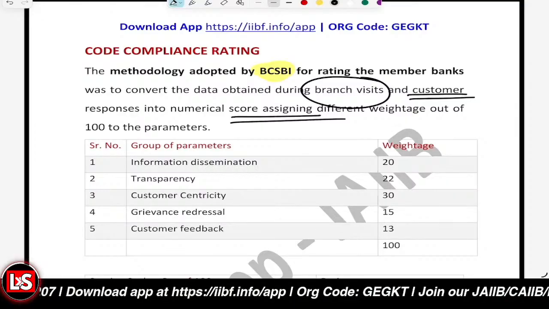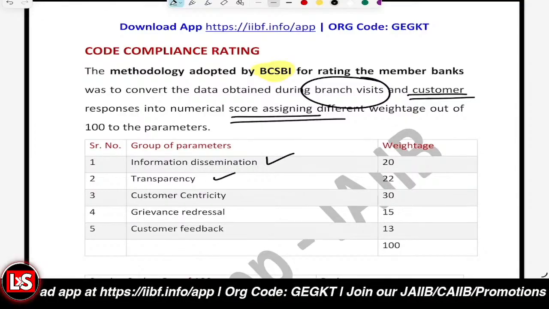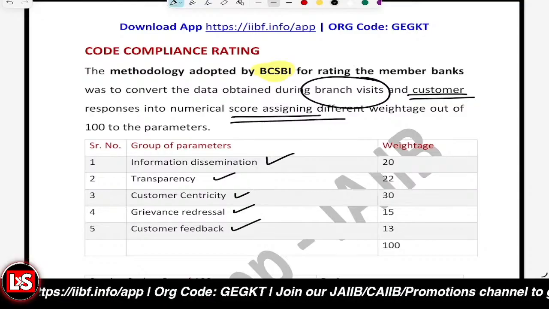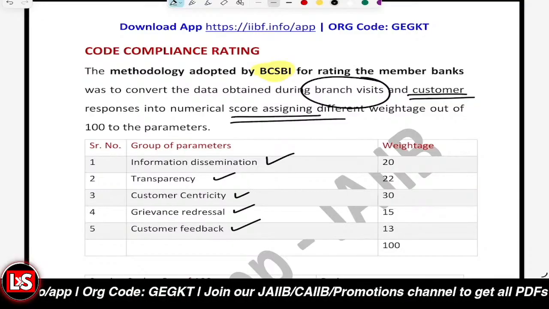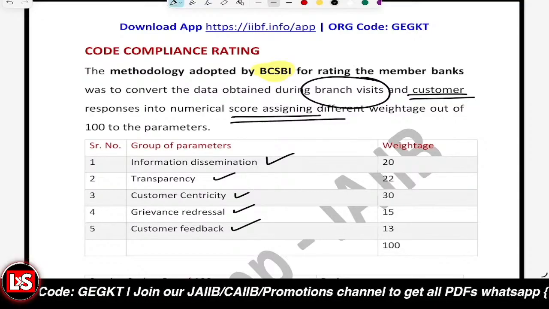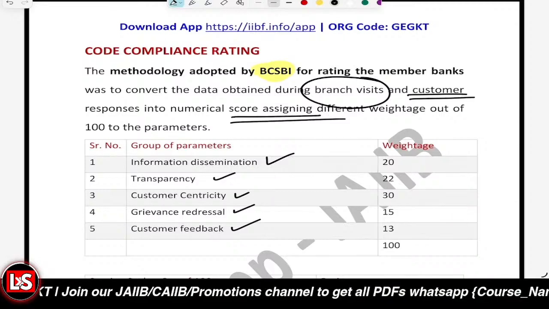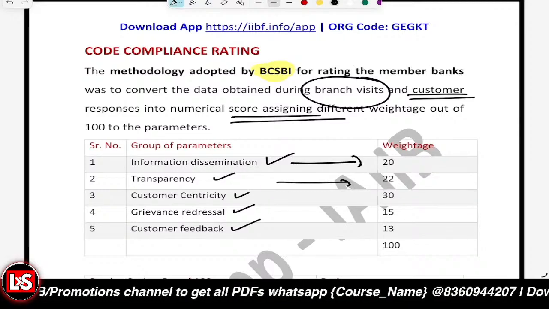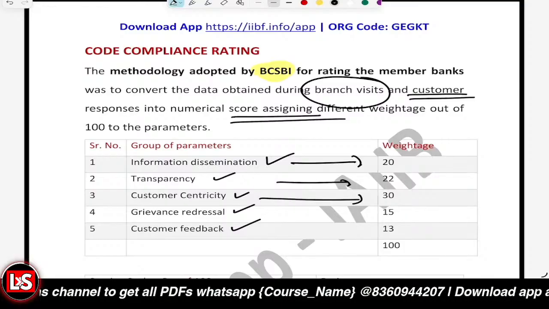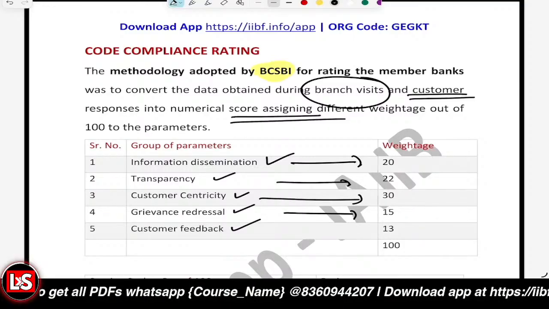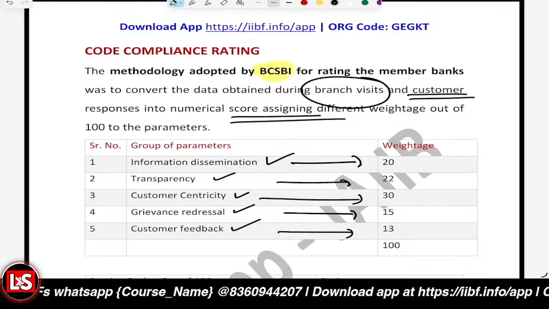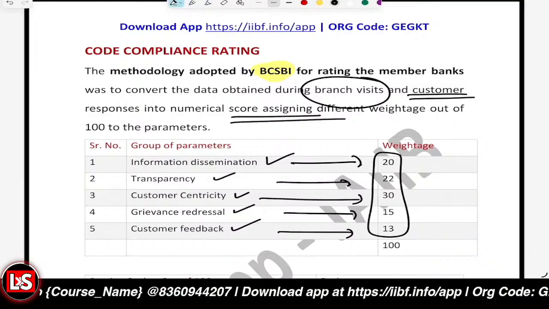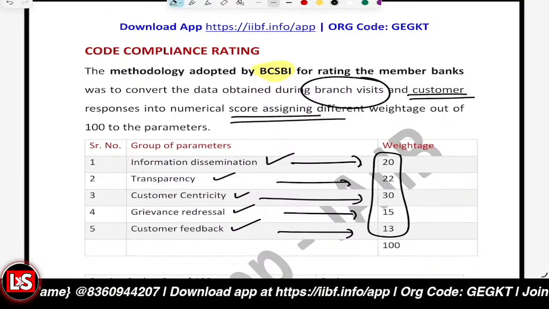There is weightage to each parameter, and further you'll be rated out of it. Information dissemination is given the weightage of 20, transparency 22, customer centricity 30, grievance addressal 15, and customer feedback 13. The total is 100, right?